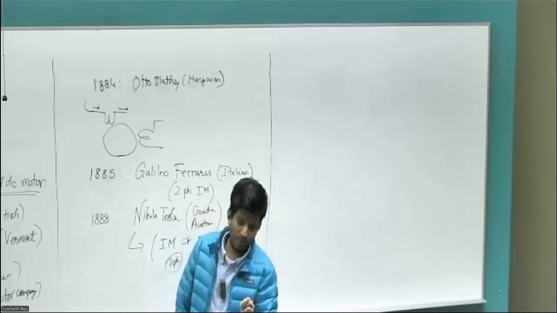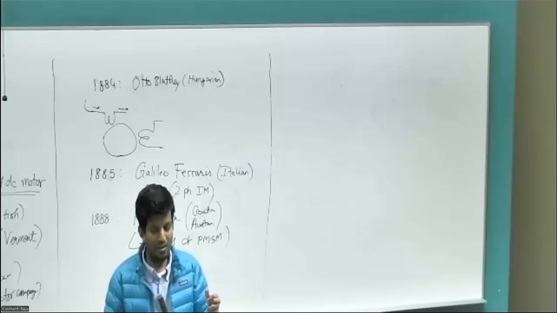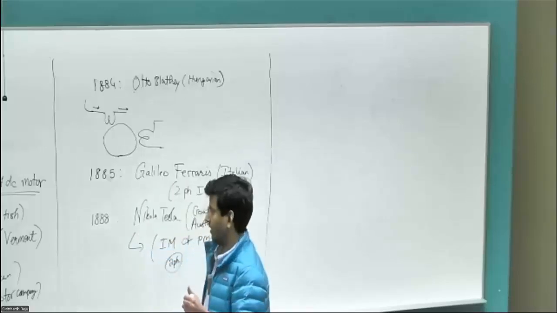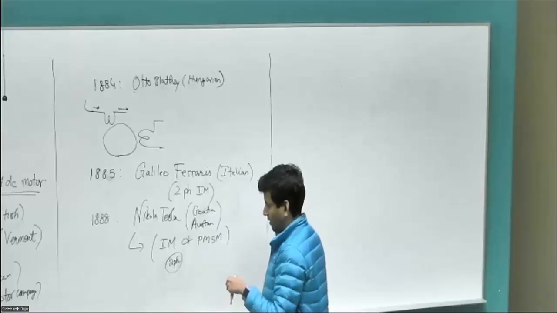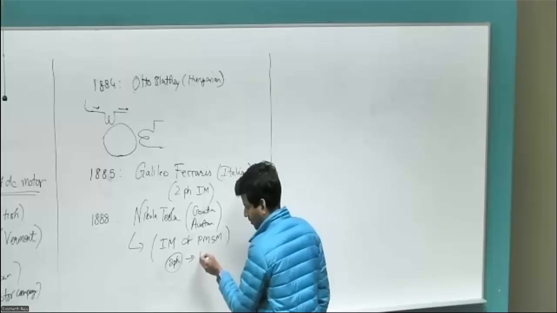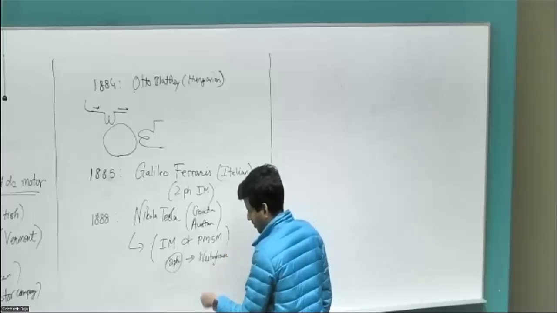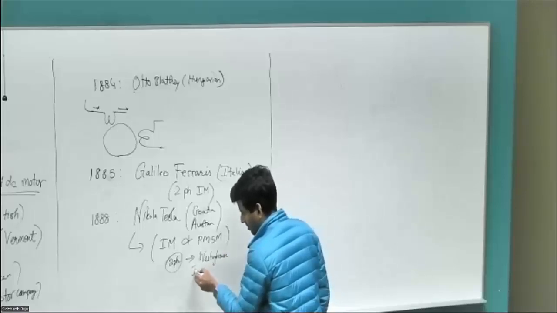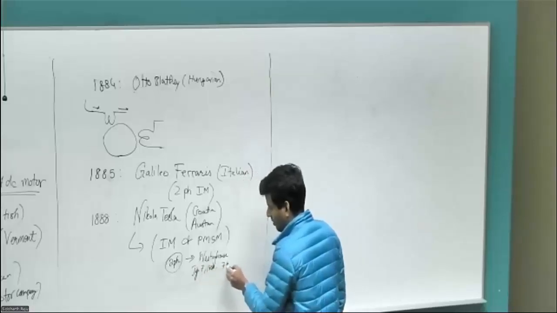So the motors that we have on the table are a three-phase system, three-phase motors, and their rotor structure is also drastically different from what Nikola Tesla had designed. Nikola Tesla himself had sold the patent for this to Westinghouse on July 7th, 1888 for $74,000.